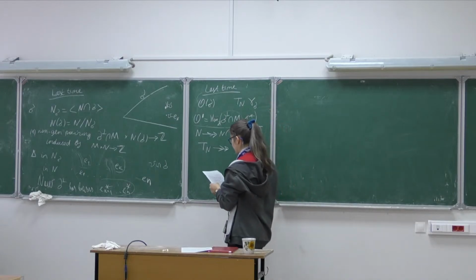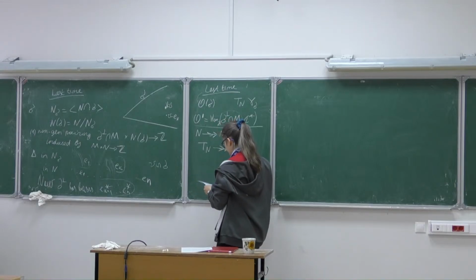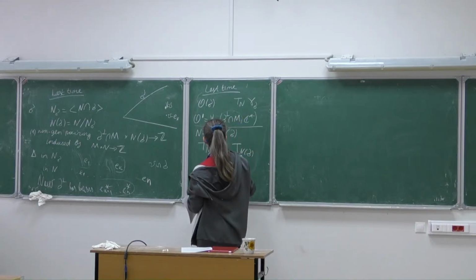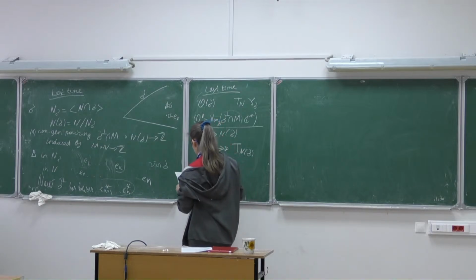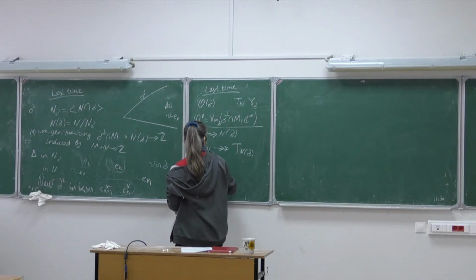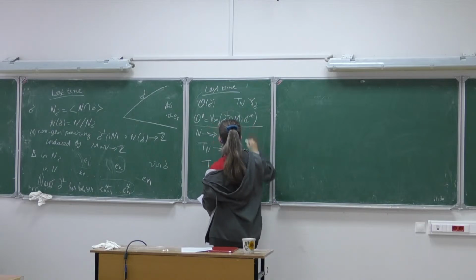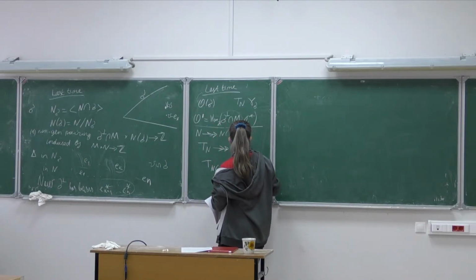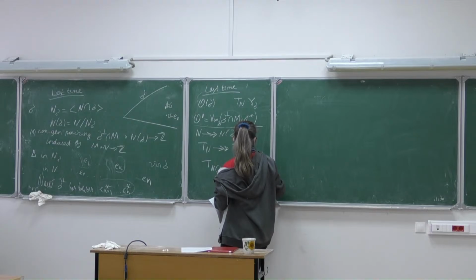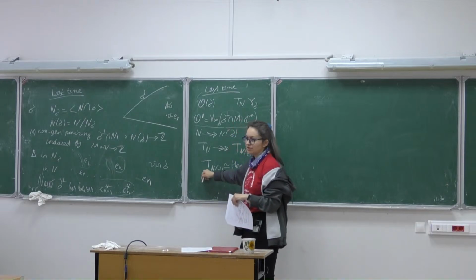But now we know that this is isomorphic to the torus. So we can say that T N sigma is the same as Hom Z of this stuff. And we know that the big torus acts on both sides.